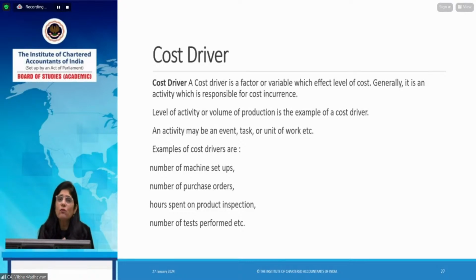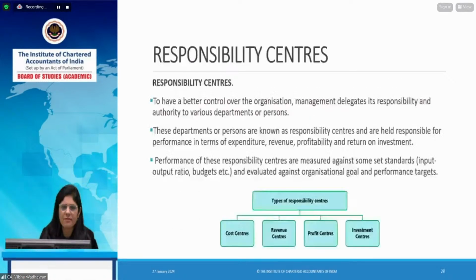So that 1000 is the cost because the doctor is coming on a round. So the doctor coming on a round is a cost driver. Because of that, cost is created or incurred. So the factor because of which the cost is incurred is the cost driver. That is exactly what cost driver means.